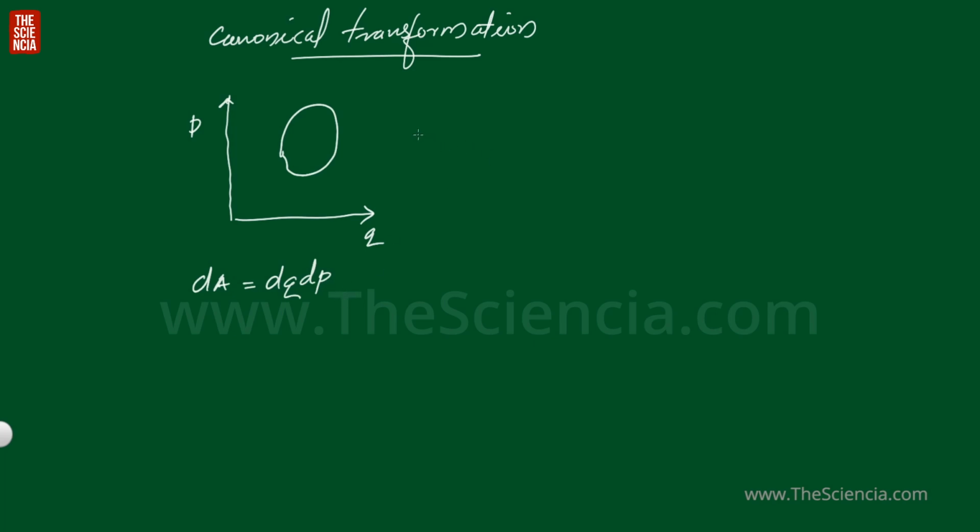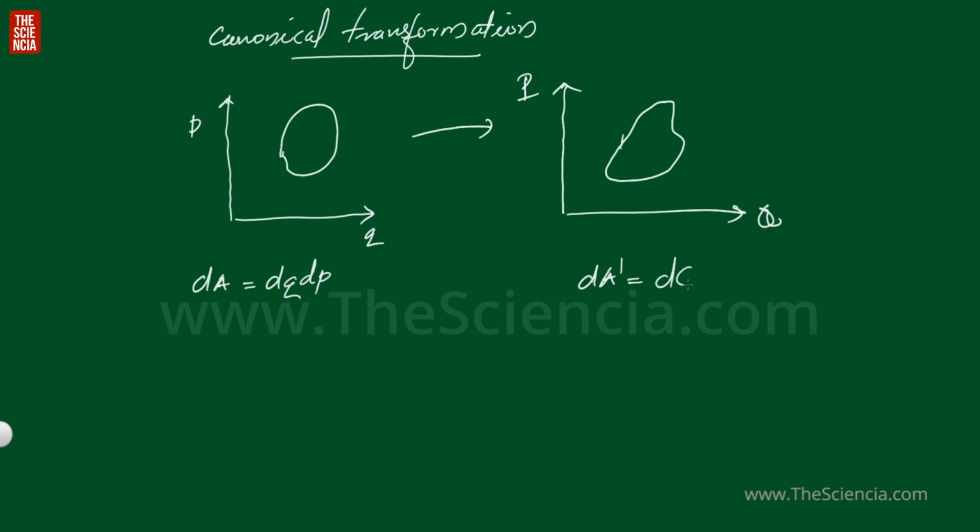Now I am transforming this to another coordinate system, that is capital Q and capital P. Now the area element will be like this one. So this dA prime is equal to dQ dP.